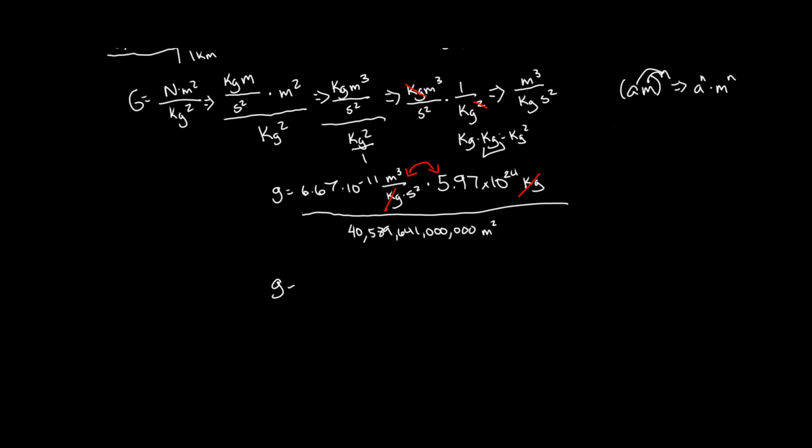So G is equal to, and let me get, I wish I had my other calculator. I don't know where I set it. I was using it earlier in the lecture. Times, times 5.9.